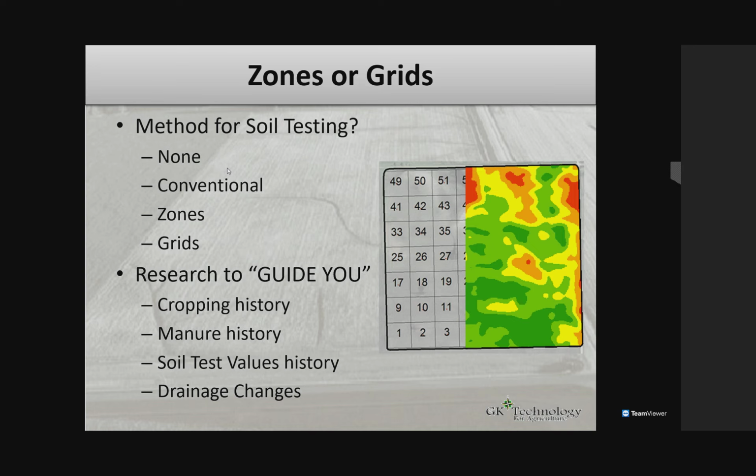Getting one core out of where the old manure pile used to be could be catastrophic in getting a false soil sample in a conventional soil test or in anything, whether it be a grid test or a zone test, it really doesn't matter on any of those. That can be really devastating.